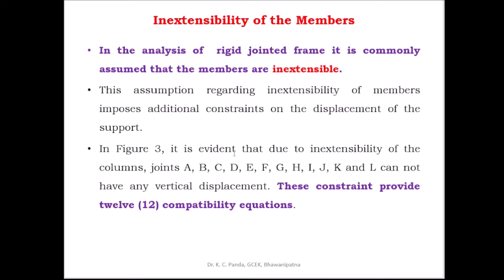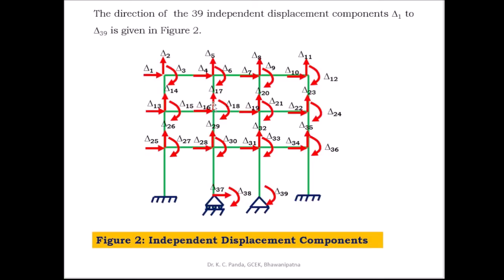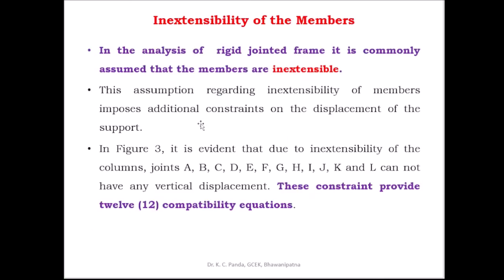Here you see in figure 3, it is evident that due to inextensibility of the column, joints A, B, C, D, E, F, G, H, I, J, K, L cannot have any vertical displacement. So this constraint provides 12 compatibility equations.